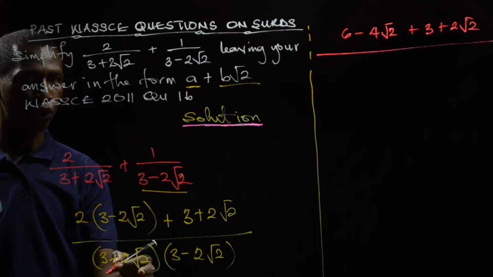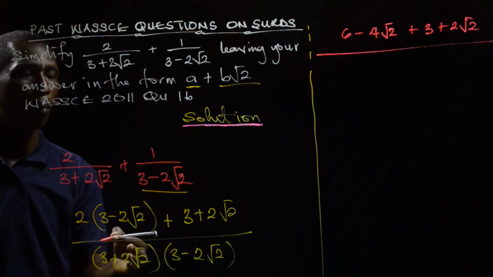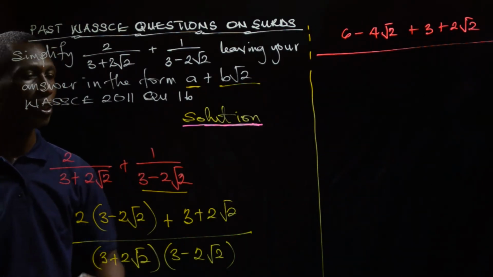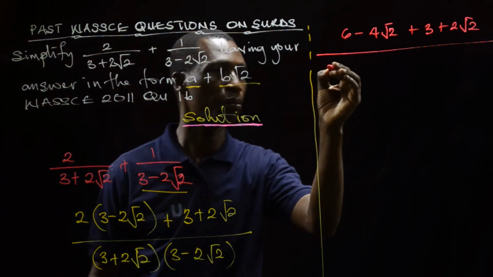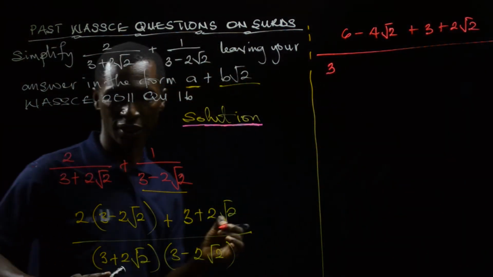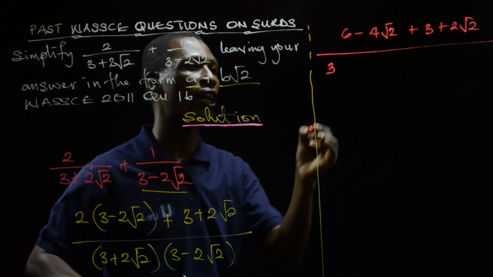And 2 root 2 is also multiplying 3 minus 2 root 2. So I'll just take it one by one like the way we would do the simple expression in normal expansion. So I'll bring my 3 out here. This is the 3. Then I take the entire slot here.